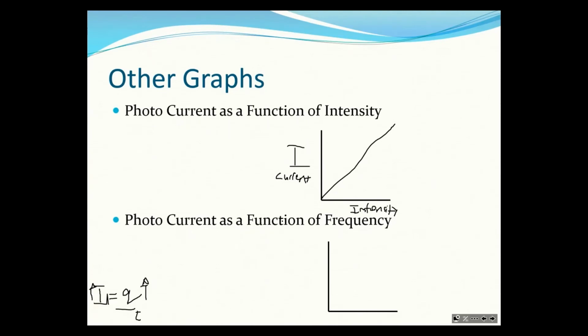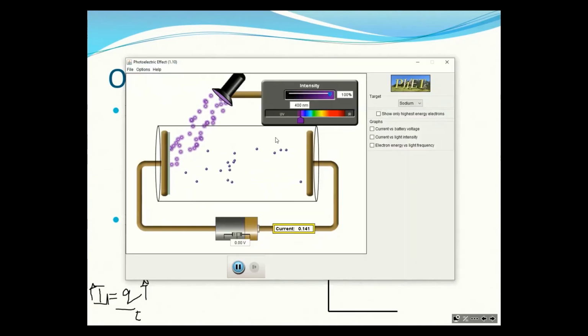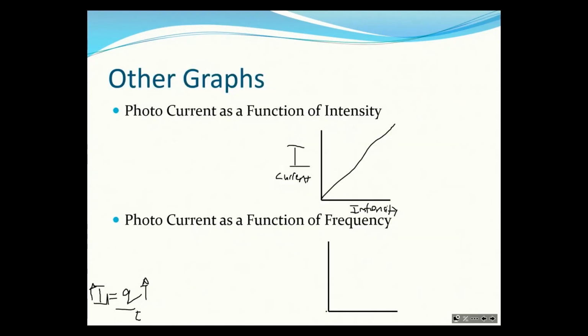So if we do photocurrent as a function of frequency, what we're going to see is that when we go below that threshold frequency, we don't release any electrons. So nothing, nothing, nothing. Here I'm increasing my frequency, and still nothing. We can show that on this graph here.